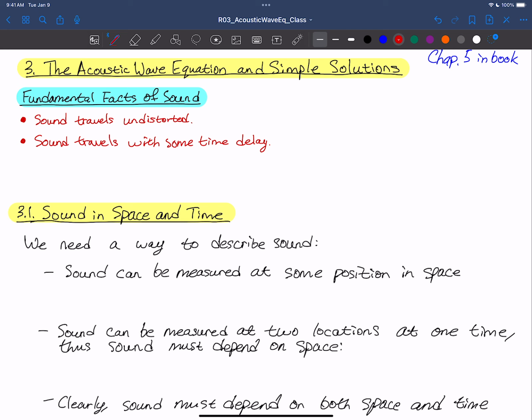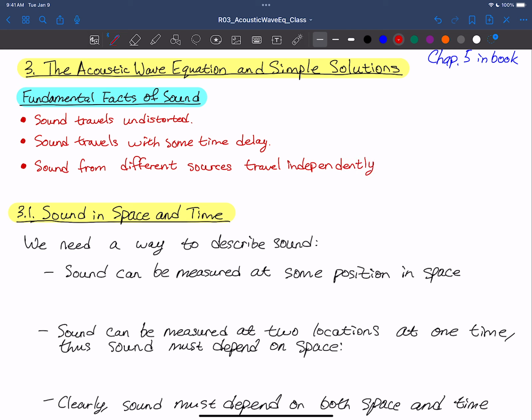And then the third aspect is that sound from different sources will travel independently. Meaning that two sources of sound will not interfere with each other, at least in terms of the propagation of those sound waves.